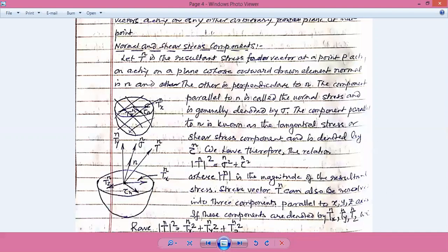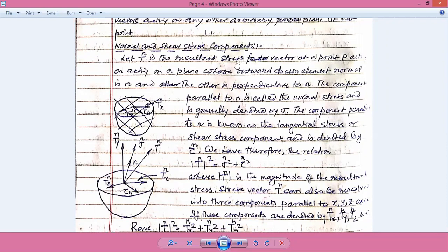Now, let us go through what the normal and shear stress components are. Let T be a vector with a superscript n, acting along the normal of a plane at a certain point.